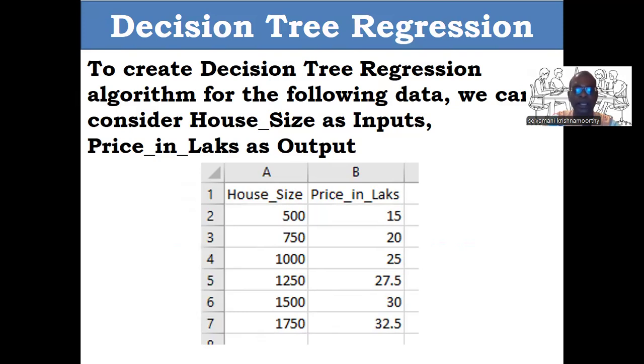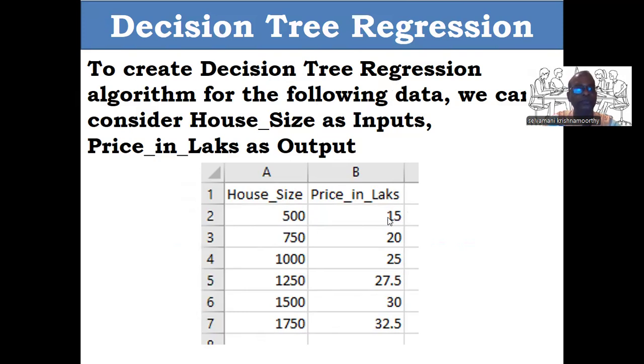It may lie in between 15 to 20. It may be 16 lakh, 17 lakh, 18 lakh, like this. But decision tree regression gives either 15 lakh or 20 lakh. Since 600 square feet is very much close to 500, not 750, it will return only 15 lakh.